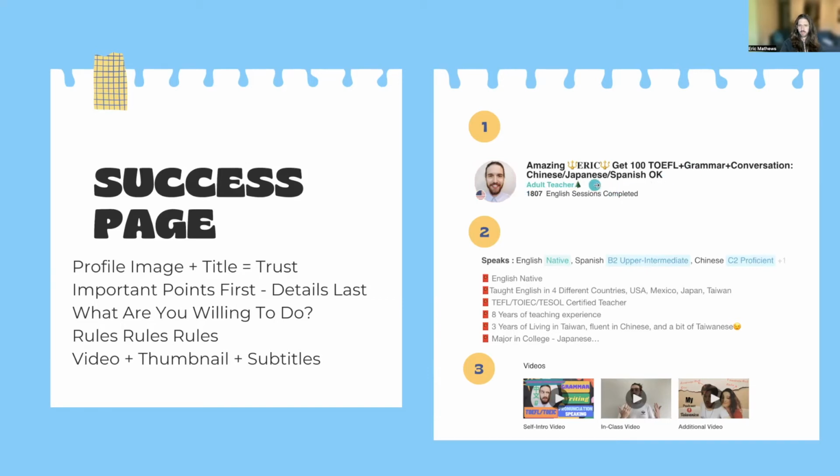Okay, and the next one is the next level. So you can get more specific here as well, like telling how many years of experience that you have, how many students you've taught, how many hours you've taught, anything. I put adult teacher here specifically because I used to teach children for many years, and I love children, but I don't want to teach them anymore.